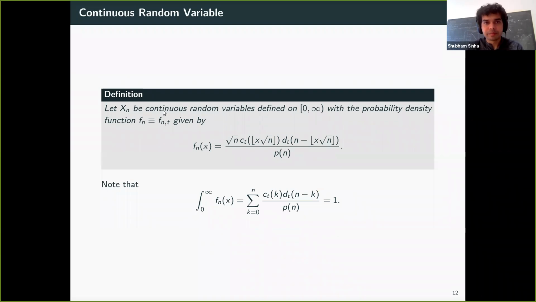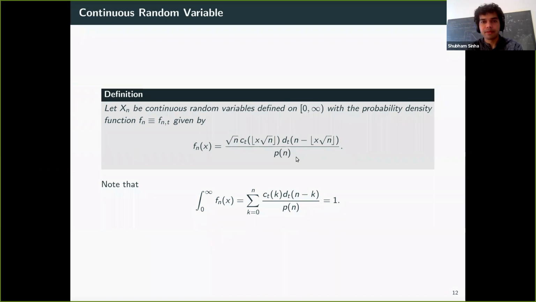So we define a new continuous random variable X_n with the probability density given by scaling the domain by square root n, and then scaling the function by square root n, so that you finally get the integral to be 1.